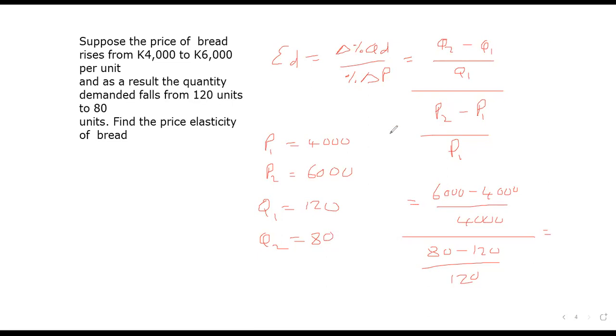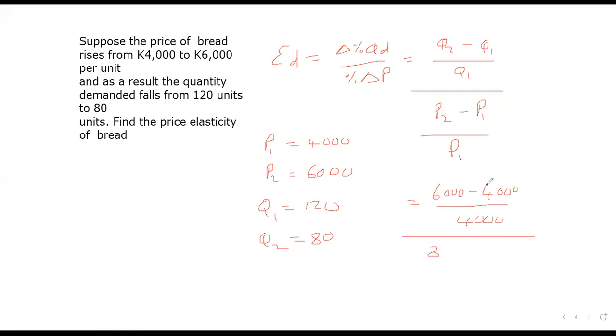Because when you increase price from 4,000 to 6,000, quantity demanded will decrease from 120 to 80. You demand less. Yeah, but the formula is change in quantity over change in price. Oh, it's vice versa. Yes, that's very true. What you've done is put the price on top over the quantity. That's correct.